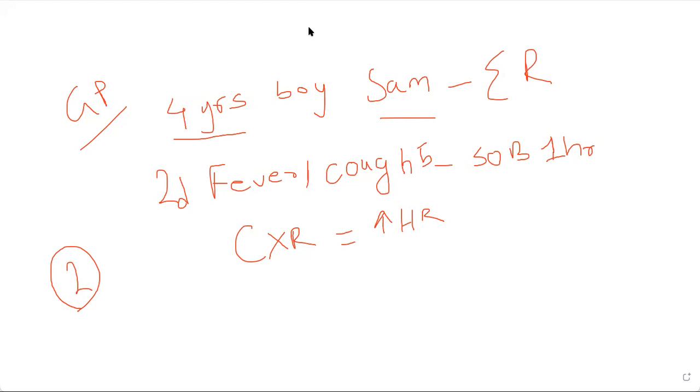You can say that with the above history, my first differential diagnosis is pneumonia with heart failure because there is shortness of breath. My second differential diagnosis is bronchiolitis with heart failure. My third differential diagnosis is viral myocarditis or pericarditis.